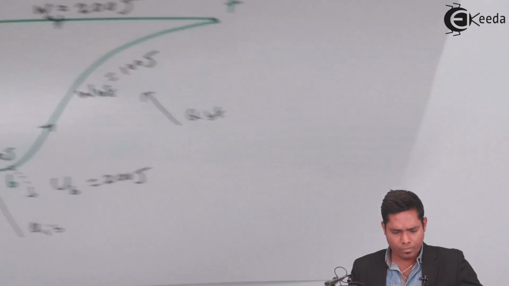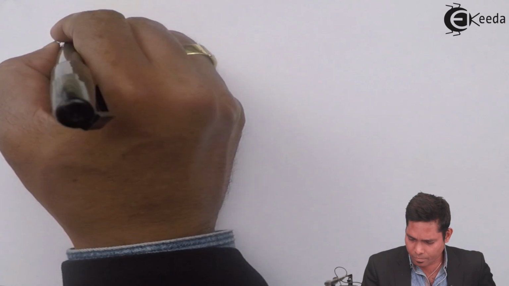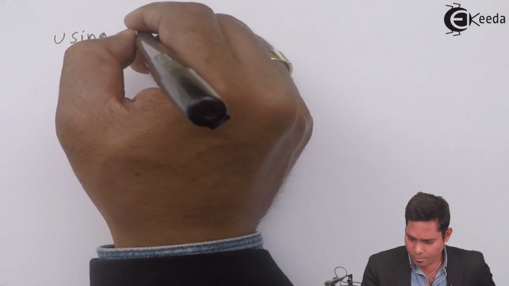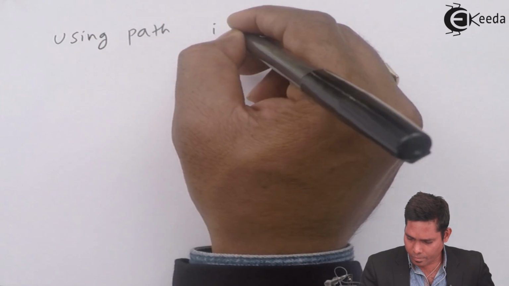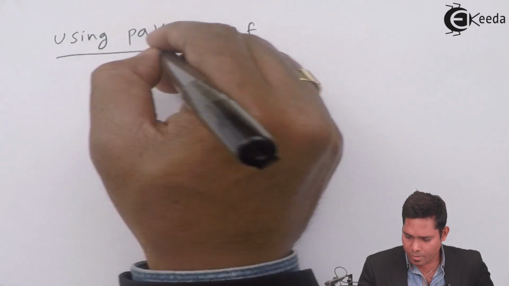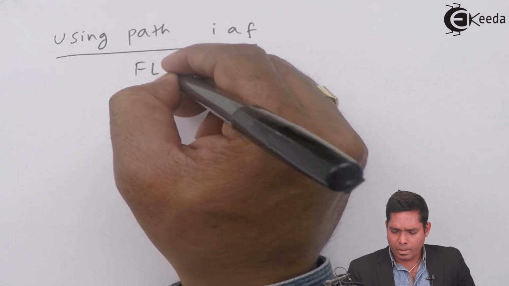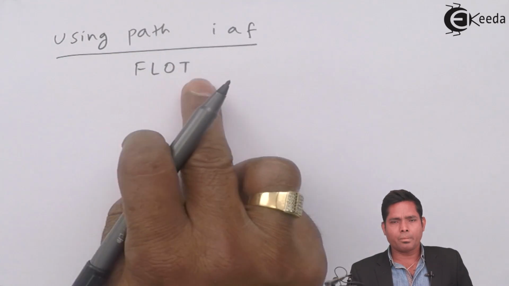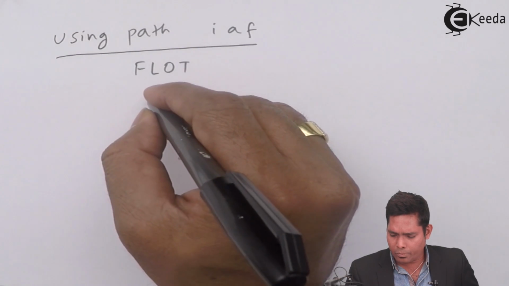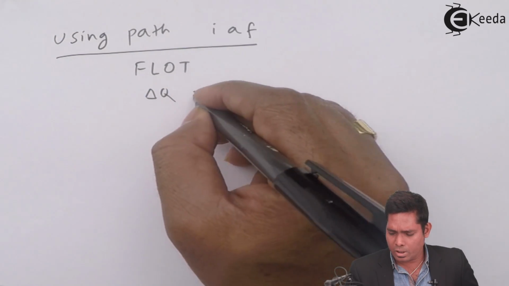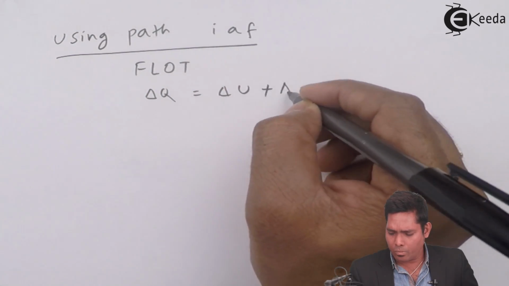Using the first law of thermodynamics, the amount of heat supplied is the change in internal energy plus the external work done.